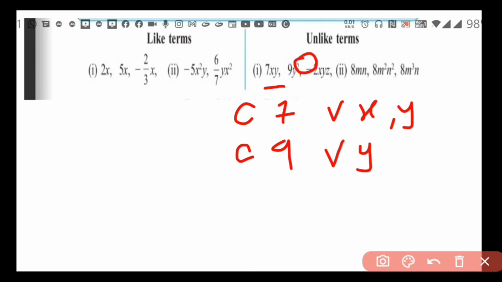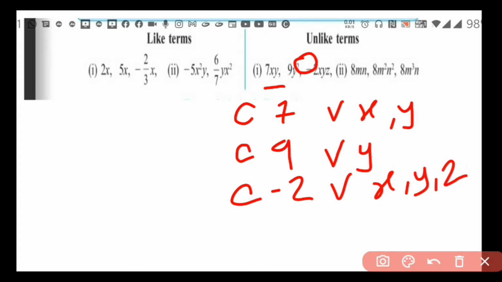In the third term, the coefficient is minus 2 and the variables are x, y, z, three variables. So in the first term only x and y are there, in the second term only y is there, and in the third term x, y, z are there. That means in all these 3 terms different variables are there, and that's why they are not like terms. Not like terms means they are unlike terms.